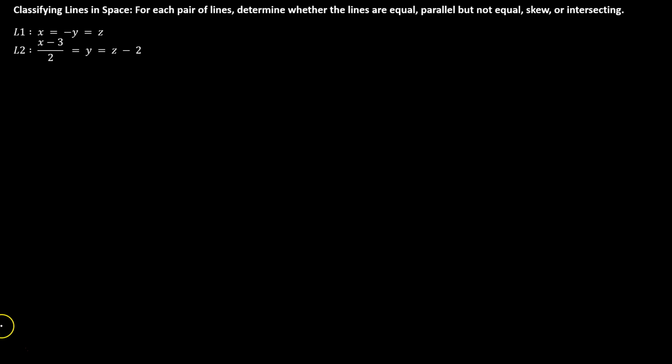All right, let's try another set of lines. Again, trying to classify as equal, parallel but not equal, skew, or intersecting. Very first thing that we need to do is pull out the information from line 1. So from line 1, I need to know the point P. And line 1 is written in the symmetric equation form.